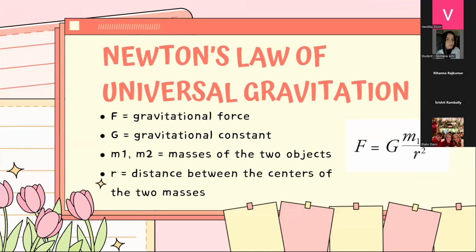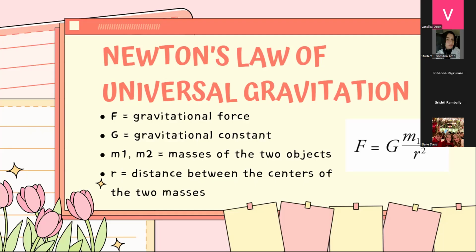His formula is in the corner there: F = G M1 M2 / R². F represents the gravitational force between the objects. M1 and M2 are the masses of the two objects. R is the distance between the centers of those objects, and G is the gravitational constant, that fixed value that we have to work with.